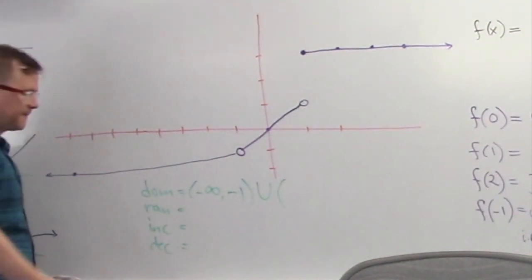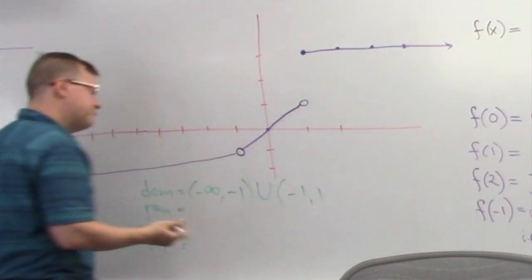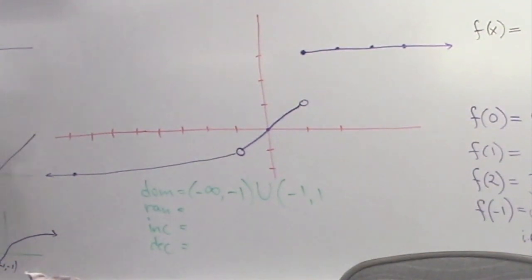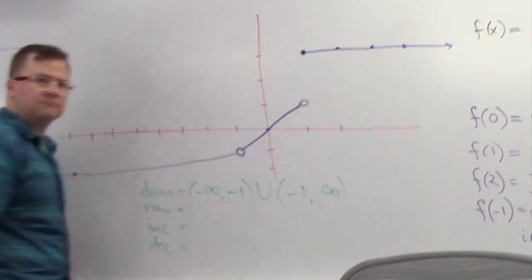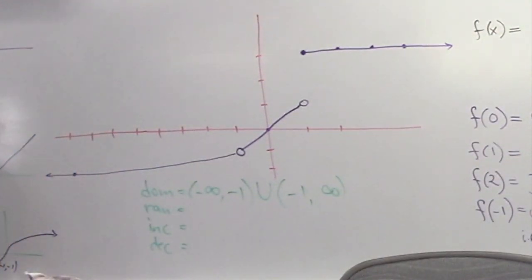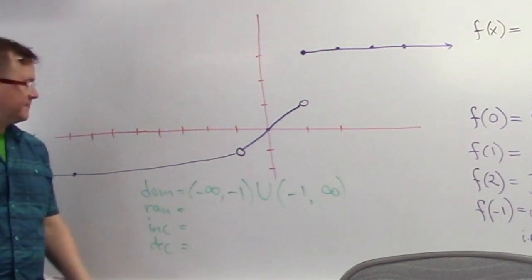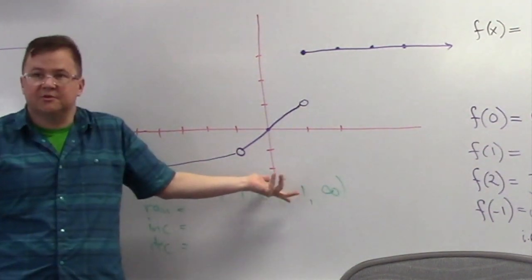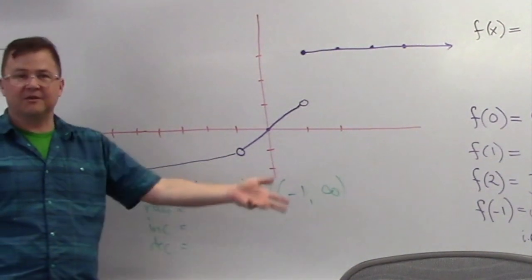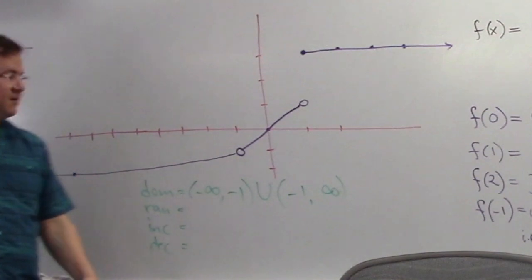Actually, I would just go ahead and say infinity. Because 1's in the domain, right? Everything to the right of 1 is in the domain, and everything to the left of 1, to a point, is in the domain. So that would be correct.